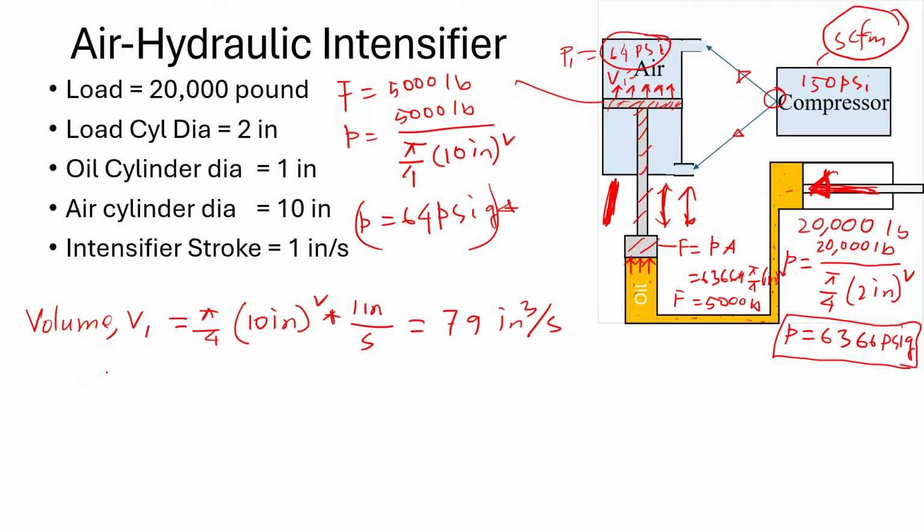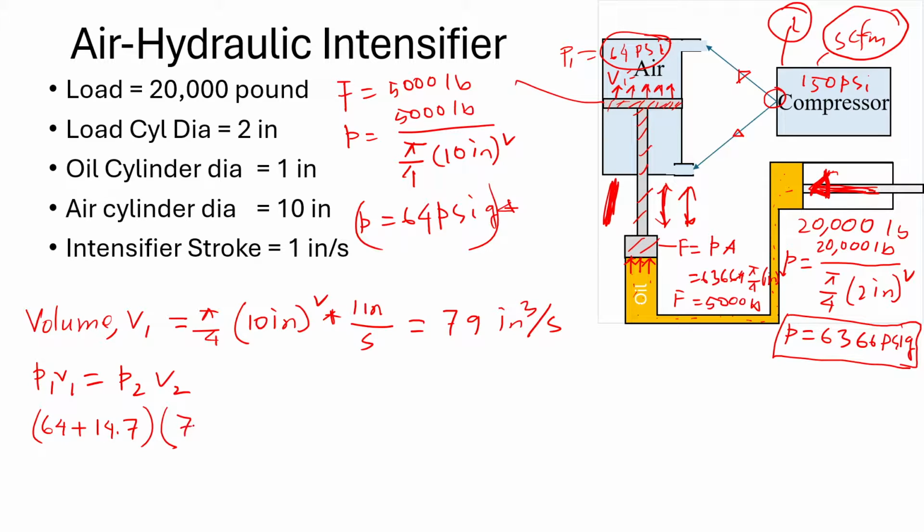What you need to do is basically take the outside condition, let's say that is condition 2. So you can write P1 V1 equals P2 V2. Condition 1 is inside the air piston, which has a 64 psi gauge pressure. You need to convert that to absolute pressure because everything in the ideal gas law must be in absolute values.